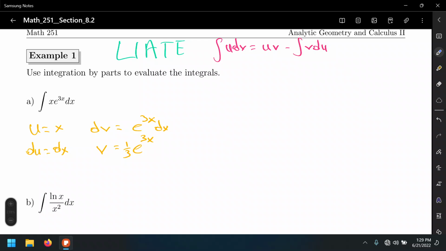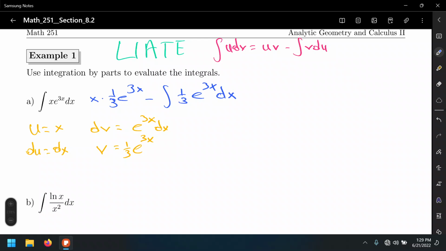Okay, the integral, in this case, our u is the x, our v is the exponential function, so that's x times 1/3 e to the 3x minus the integral of v, which is also 1/3 e to the 3x du, which is dx.